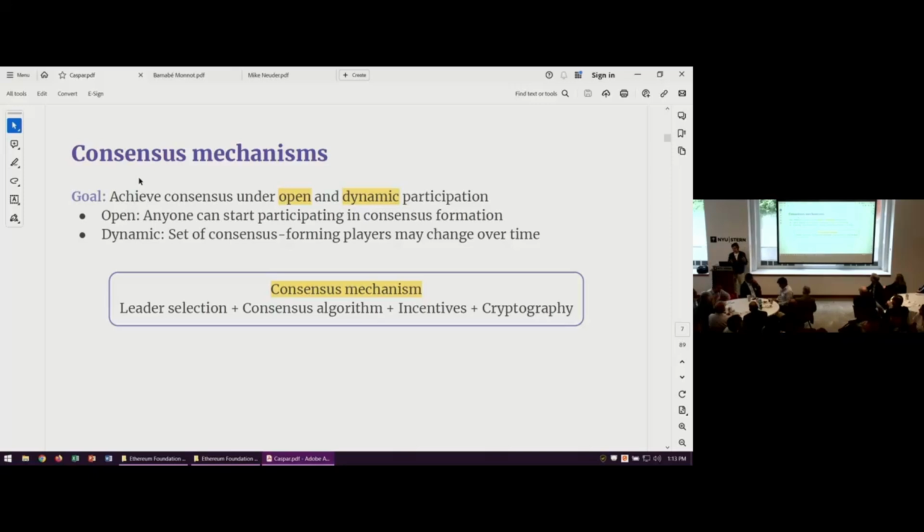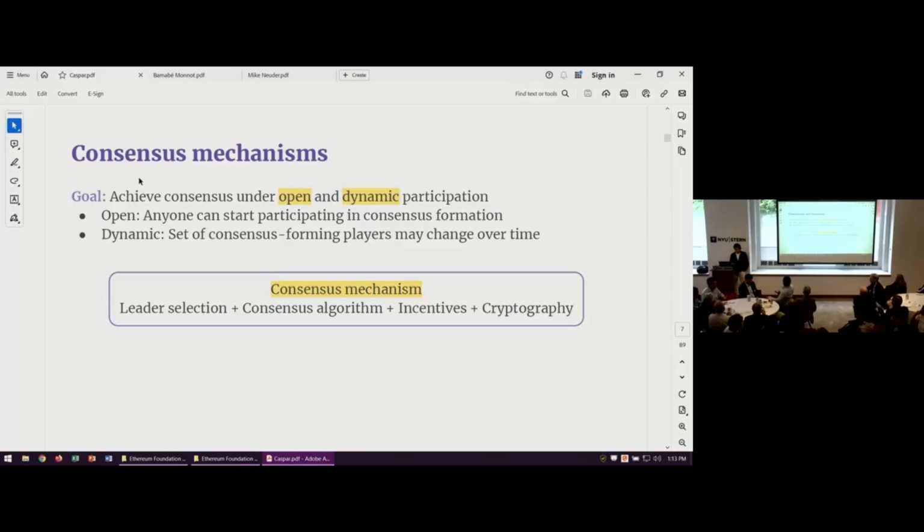On the one hand, we have the leader selection process, so proof of stake and proof of work are such mechanisms. And then we have a consensus algorithm by which we need to decide, given valid block proposals, what's actually the canonical chain that we want to make canonical. And then we need some incentives and cryptography on top, and all of this together gives us a consensus mechanism.